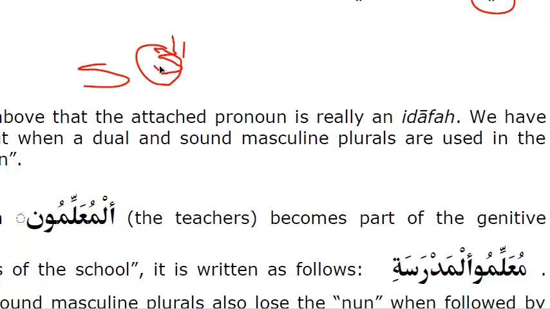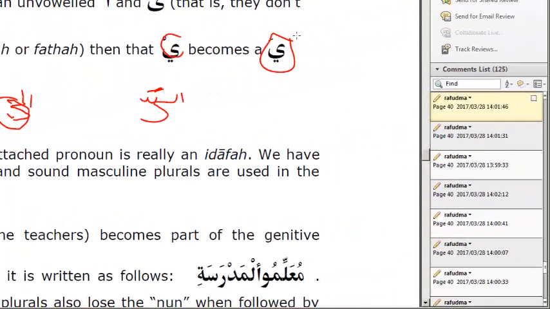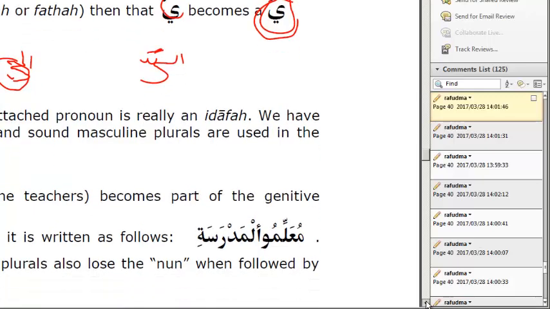So if you join this ya to that ya, if you write it with a shadda, you join the two together. But also because this ya was unvoweled, according to the rule above, the second ya must take a fatha, so it becomes ilayya. That's another anomaly that you should be aware of.